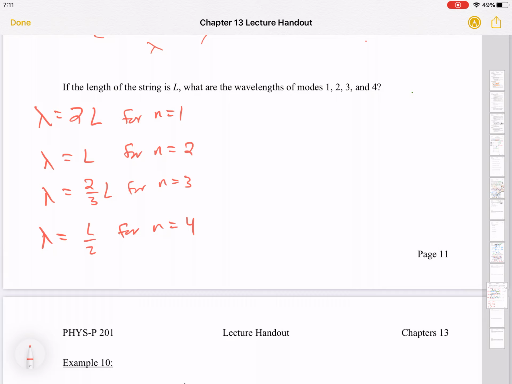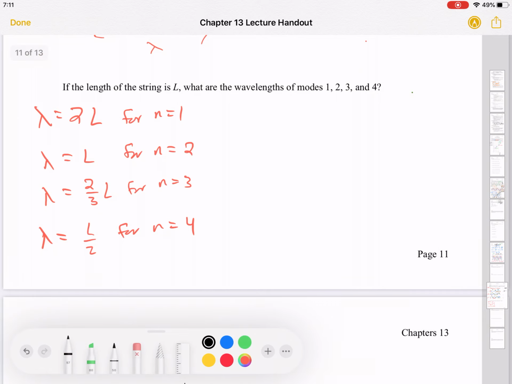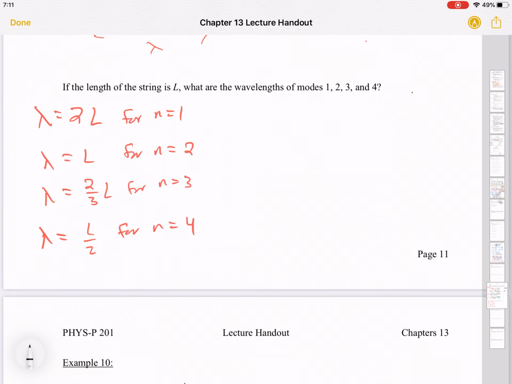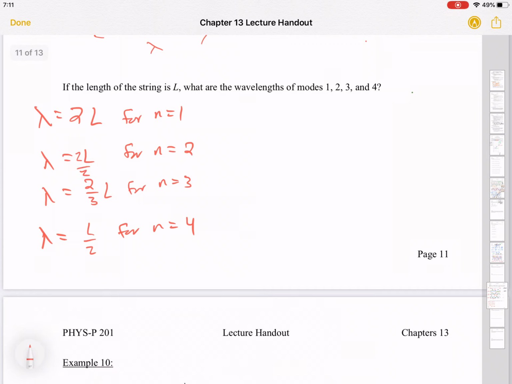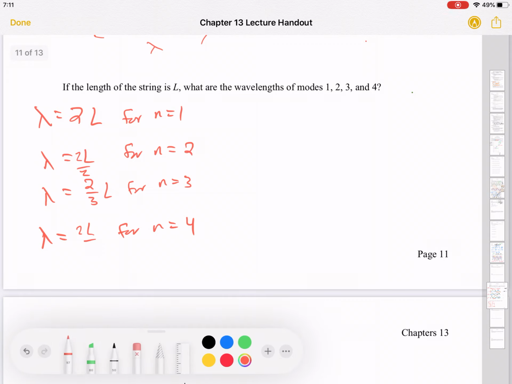But it looks like I could build up a general rule here. If I write the second one as 2 over 2, and the fourth one as 2 over 4, it becomes a little more obvious.